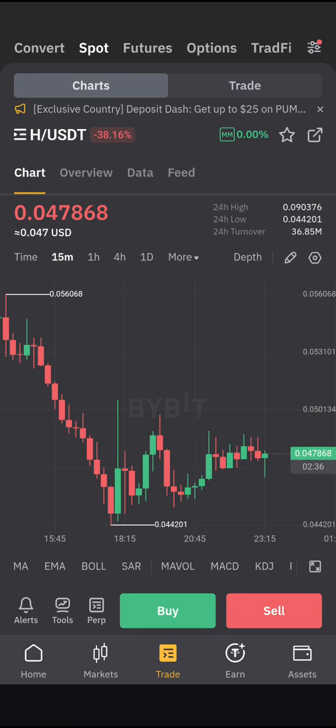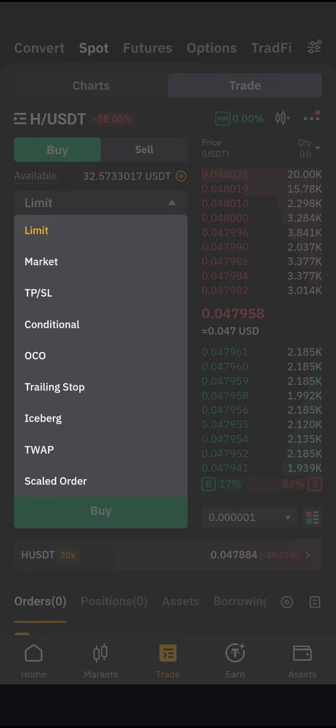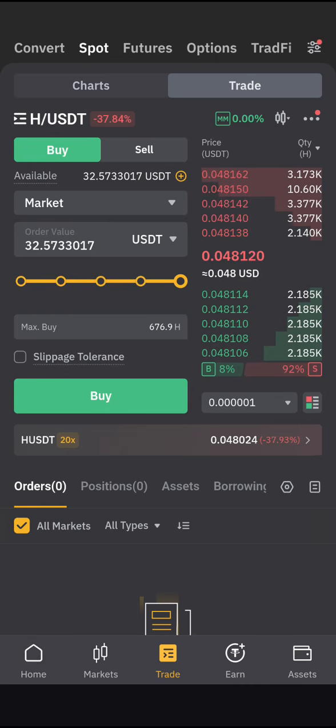I will look at this chart carefully, then I'm going to dive in. Instead of limit, I'll click on market, that is, I want the trade to be executed instantly. Each time you come over to this place, always make sure that you set your stop loss.